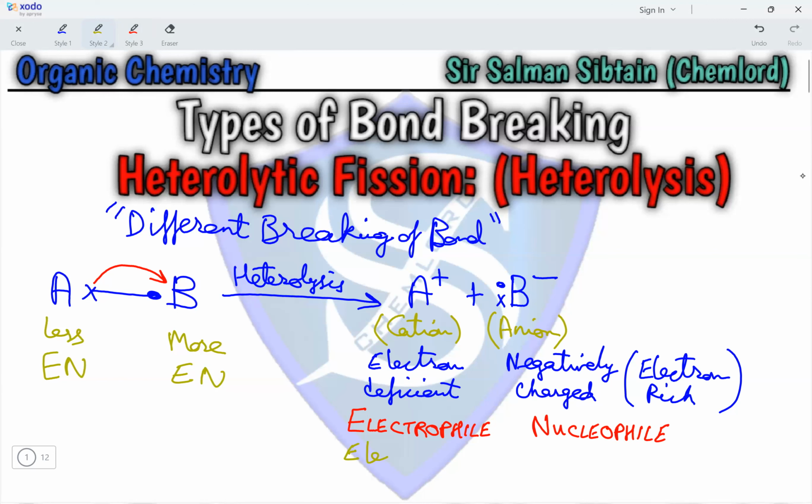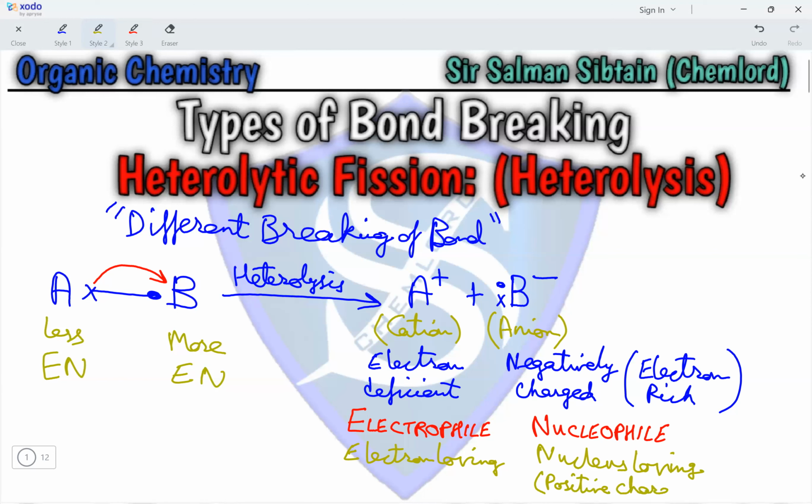So an electrophile can be translated as being electron loving or having affinity for electrons, and nucleophile can be translated as nucleus loving or has affinity for the nucleus, because the nucleus is positively charged.